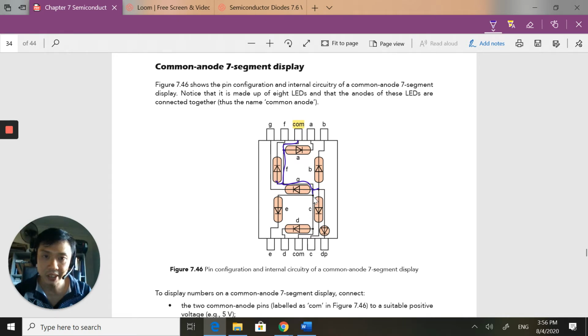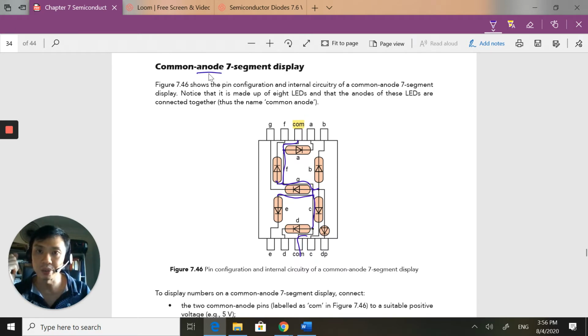It is also connected to E, it is connected to D, and then it goes back down to common. So as the name suggests, it is a common anode.